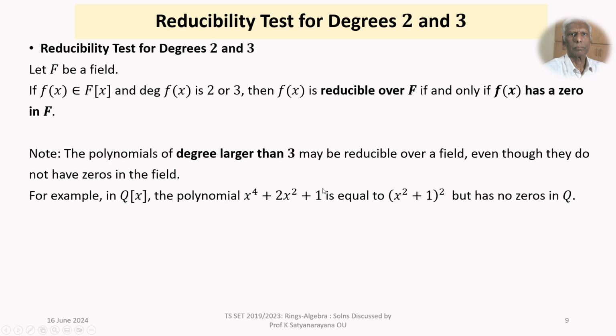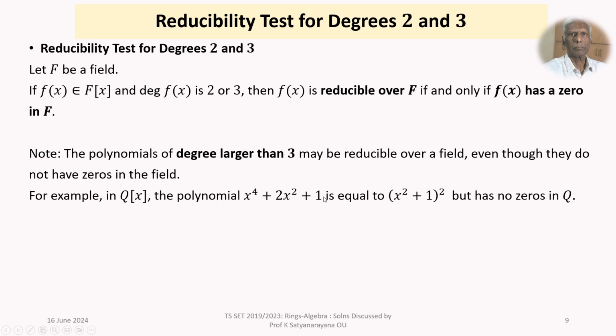Now if you look for the roots of this polynomial in Q, we do not find any roots, because they come out to be complex roots. But it is reducible, so it doesn't mean that because the roots are not there in Q, this polynomial is irreducible. It is reducible.